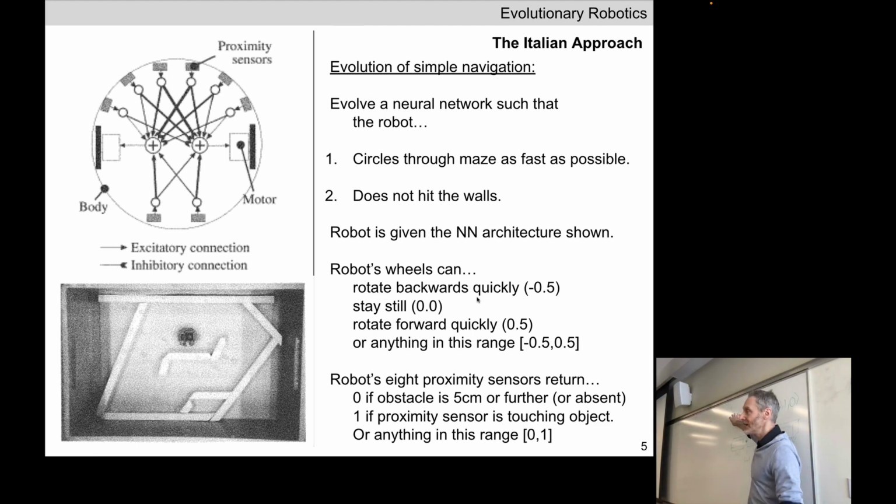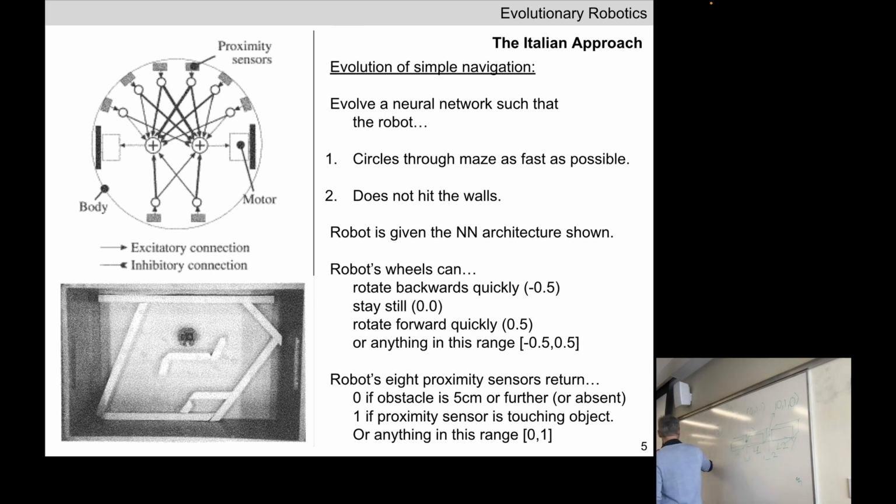Well, I erased it already, but this robot is going to be controlled by velocity control. The values arriving at the 2 motor neurons, we've got 1, 2, up to 8 proximity sensors, and 2 motor neurons. We're going to apply an activation function so that the values arriving at the motor neurons are squashed to values between minus 0.5 and plus 0.5.